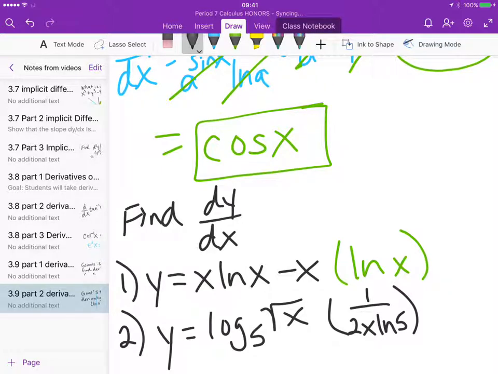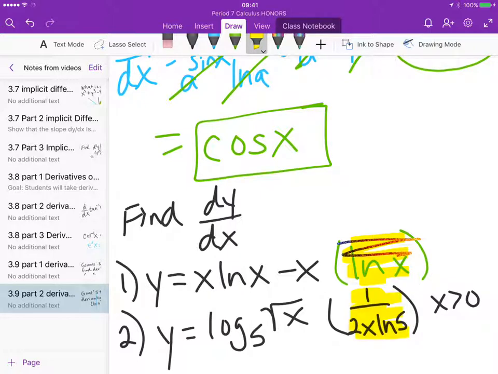And there's a little restriction there that just makes sure that x is going to be greater than 0, so we don't get 0 in that denominator. All right, so we have our answers here: natural log of x, and then 1 over 2x times the natural log of 5. So you can give those two a shot and make sure that you come up with the exact same result as well.